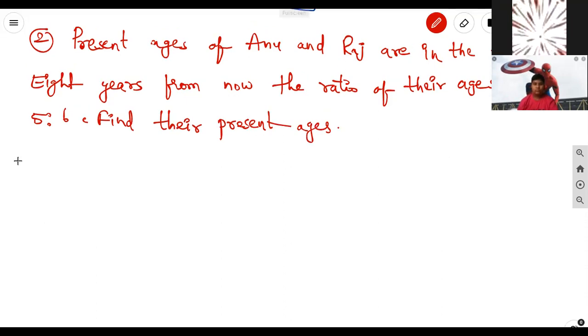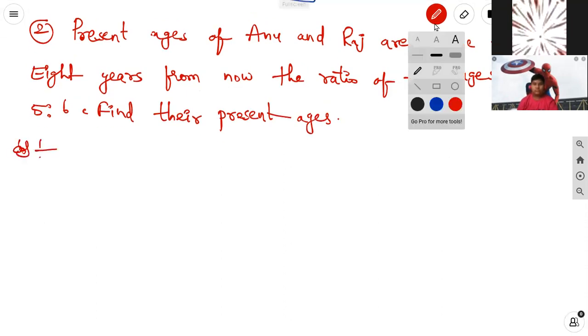Here, what they have given is that the present ages of Anu and Raj are in the ratio 4:5.